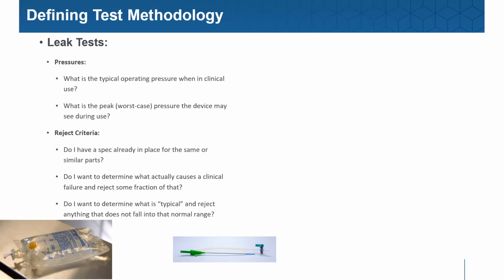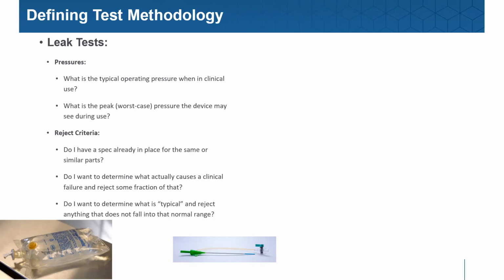Or are you like most, for better or worse, where instead of going through empirical study to determine exactly what will cause clinical failure and reject a fraction of that, you choose to simply use pressure change to identify what is a typical or normal part.